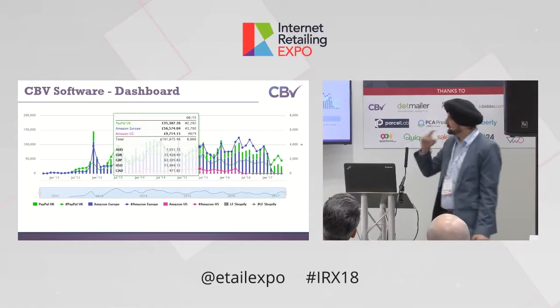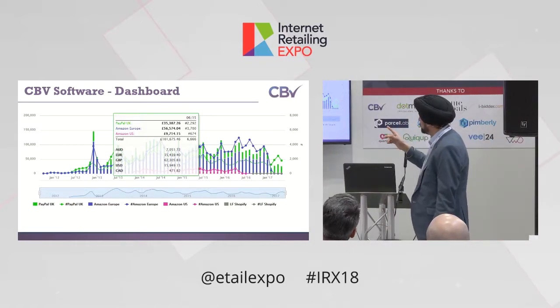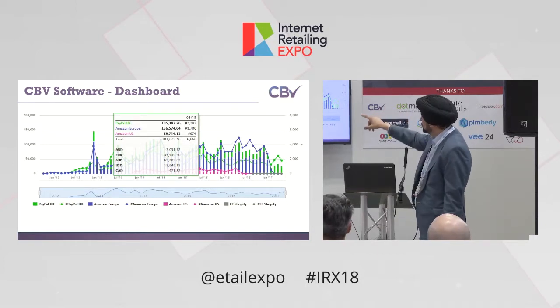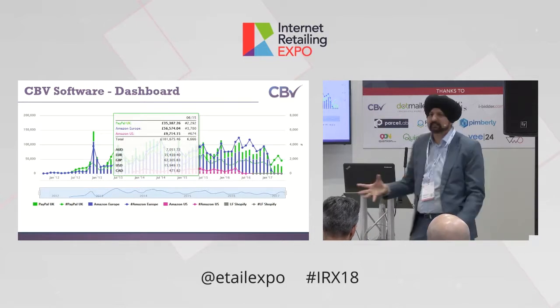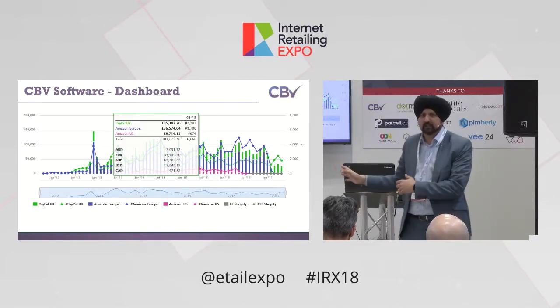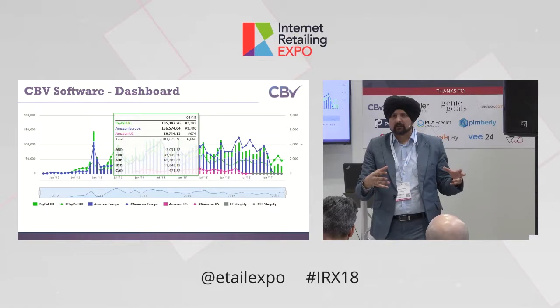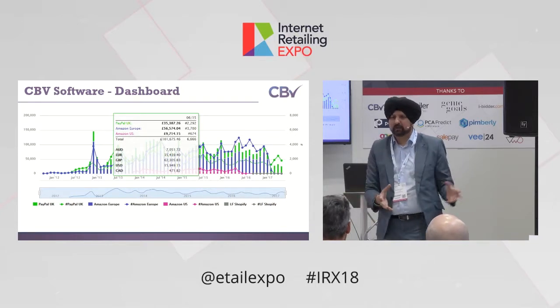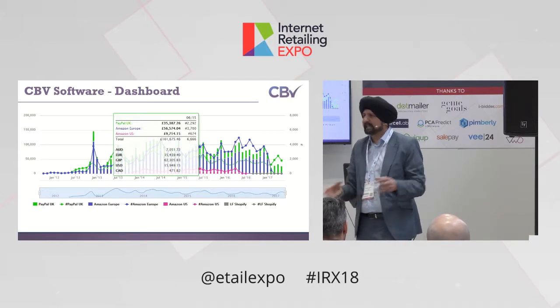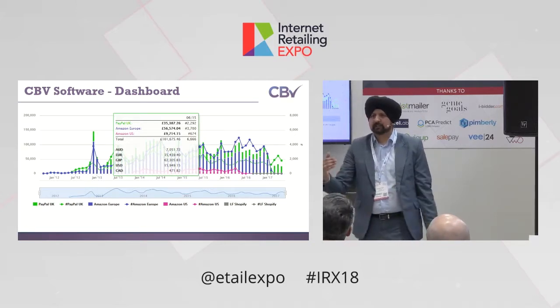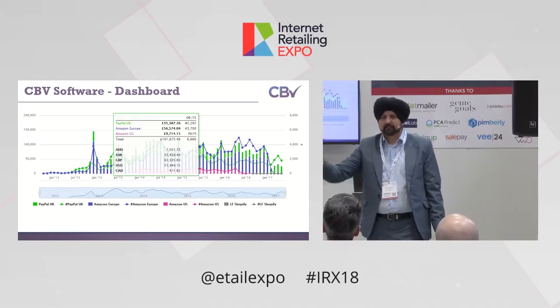This is a company that uses the software, and on it you can see in green all their PayPal sales, in blue all their Amazon Europe sales, and we've even got the Amazon US sales. And you might think, why is Amazon US integrated into a EU VAT compliance software module? It's because there's nothing stopping somebody using Amazon.com placing an order in dollars and having it shipped into Europe.